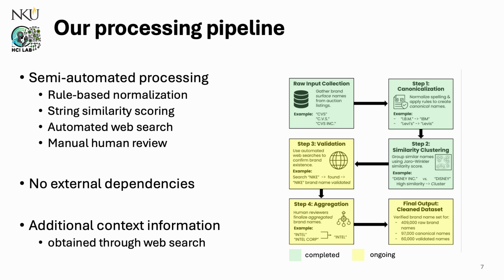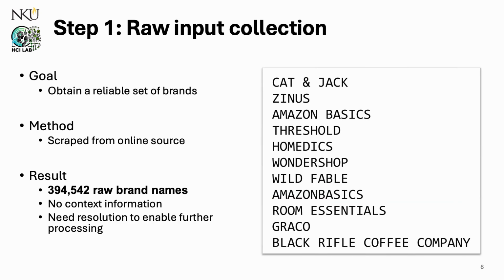After that comes validation, where we automatically check if a brand actually exists by performing web searches on major retail sites. We then perform aggregation, which merges similar or duplicate names into a single verified brand entry. And finally, the result is a clean, validated, and structured dataset ready for analysis.